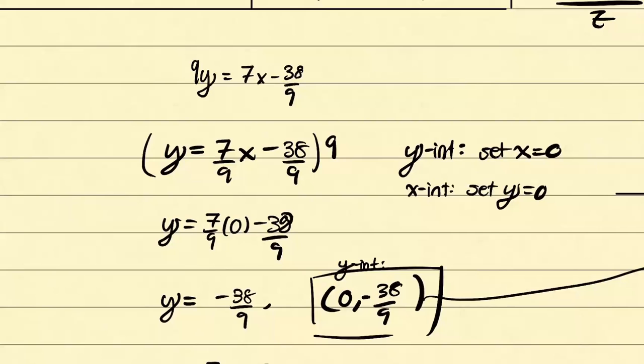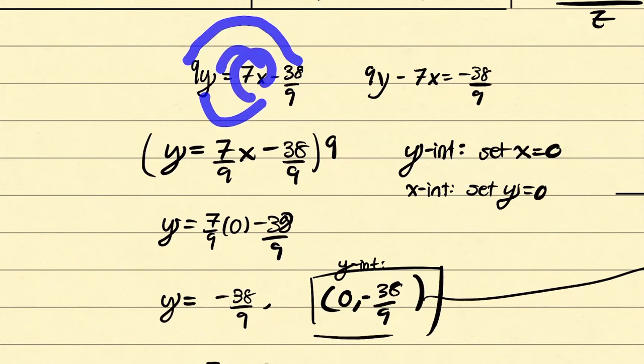And then you can rearrange this in any way you see fit. You can bring x over here, or you can bring y over here and put 38 over there, whichever. So you can do it in different ways. Okay, cool.